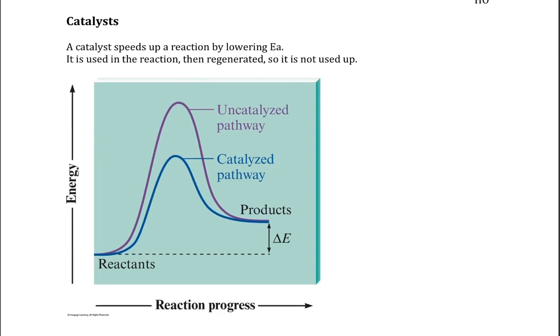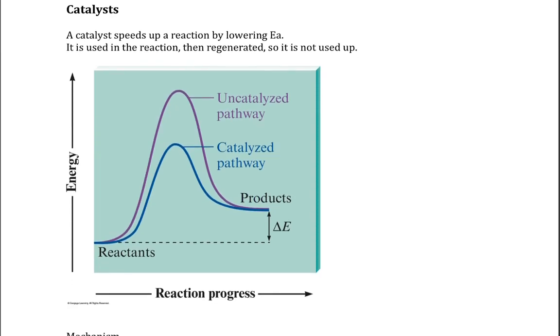All right, our last section is catalysts. Catalysts speed up a reaction by lowering the activation energy, by lowering that energy barrier. A catalyst is used in the reaction and then is regenerated, so it's not used up. In our body, we have many biological catalysts we call enzymes.